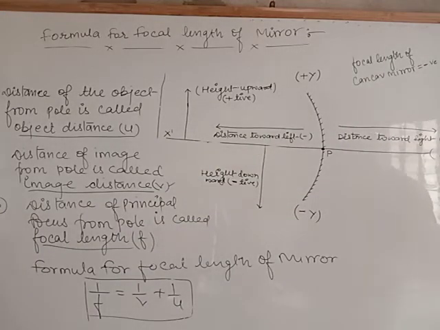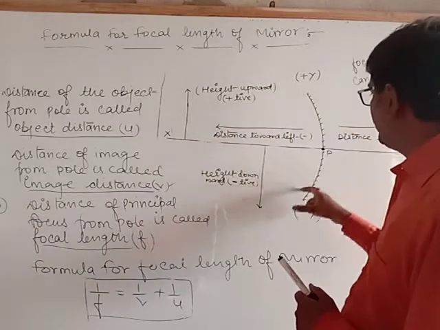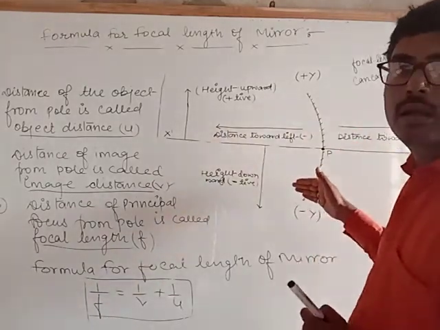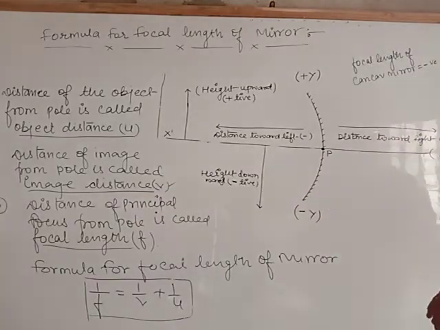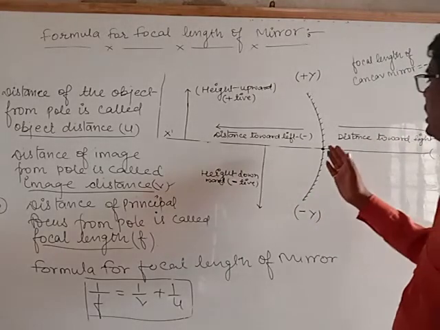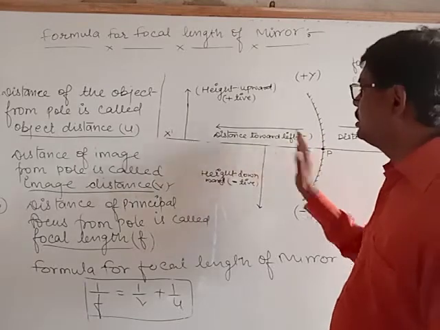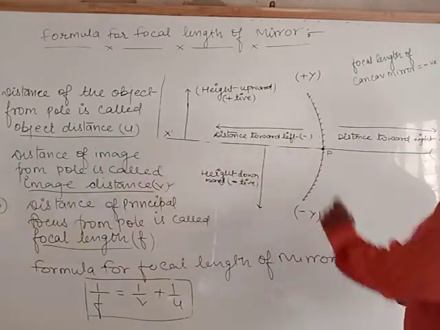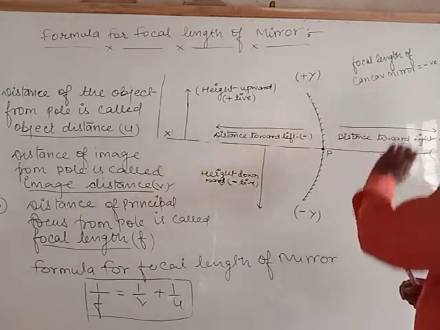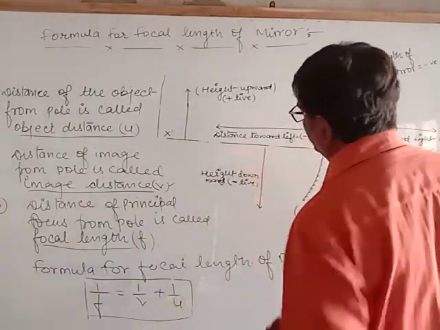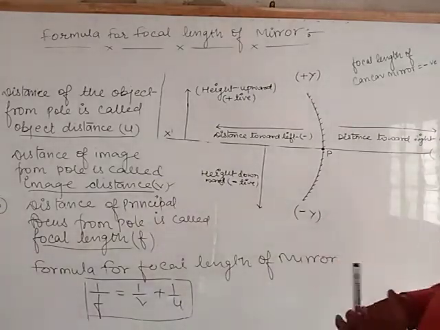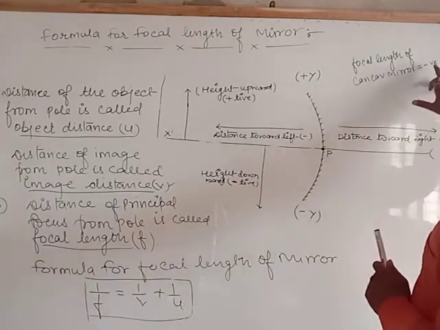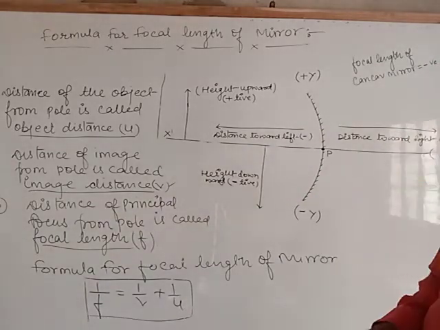Negative because its face, the reflector, is always on the left side. In other words, the center of curvature of a concave mirror is always on the left side. That's why the focal length of the concave mirror is always negative.